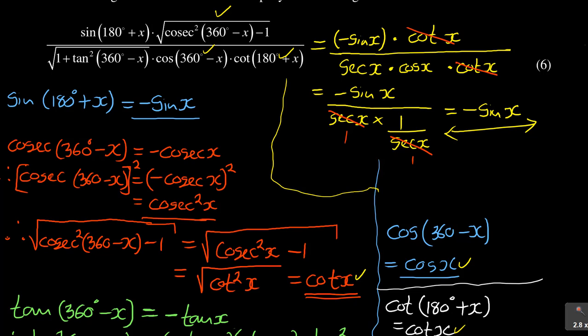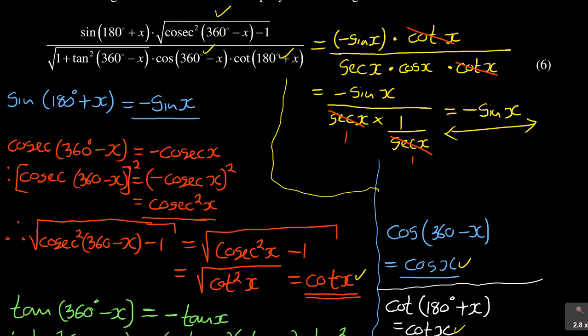So now if you can look at how the whole question just simplified to minus sin x, it will confuse you, as I said, if you try to write it at the same time. But what you need to do, you need to split it in parts like what I did, and as you are splitting it in parts, it will actually come out easier and much simplified like that. Now let us move on to the next question.